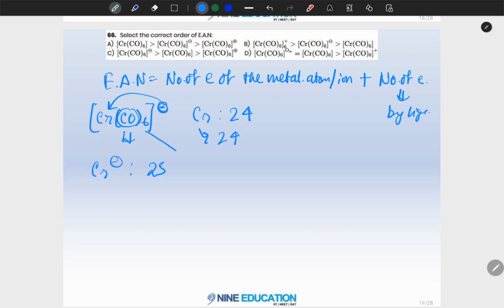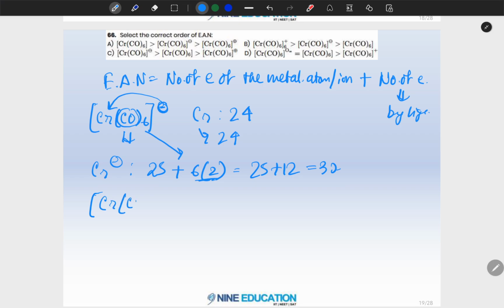So the total number of electrons in this complex will be 25 plus 6 into 2. Obviously each of the ligands will contribute 2 electrons because they are participating in coordinate bond formation. So for 6 ligands, a total of 12 electrons. So 25 plus 12, and the value of EAN for this complex is 37.